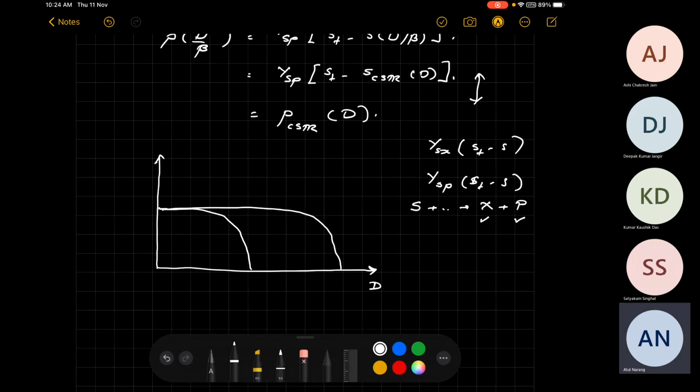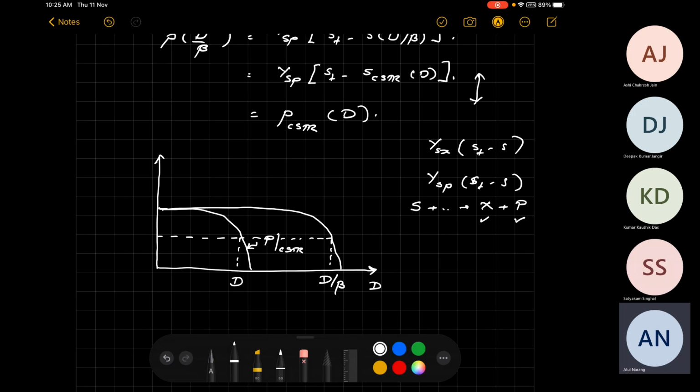So let's say you get this concentration at any D. This is my product concentration in a CSTR. The same concentration will be reached in a recycle reactor at the dilution rate D over beta.